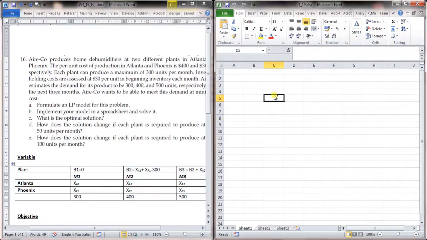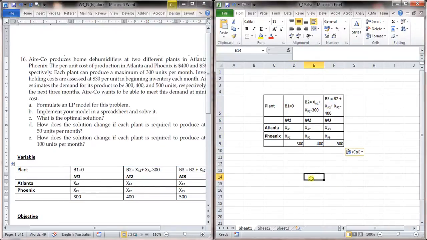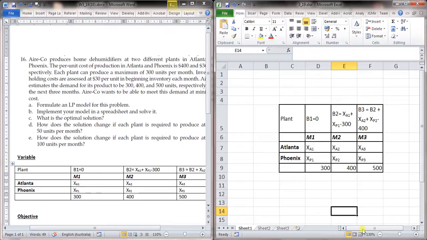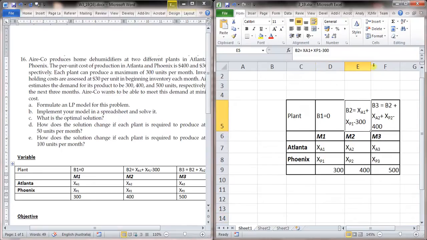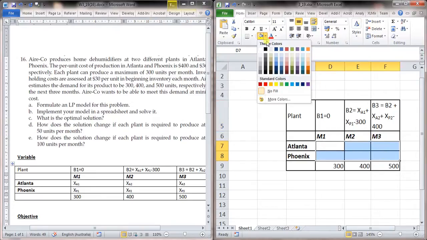Copy and paste it now. So these are the decision variables, right? So delete this and make them gray.